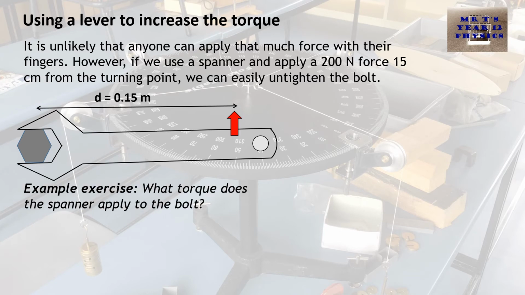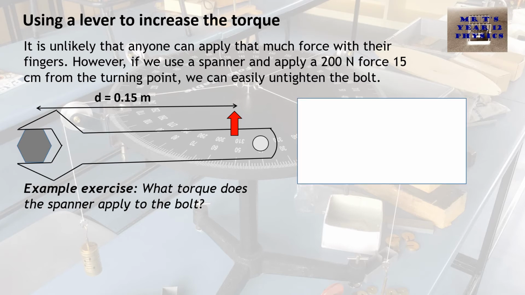So what torque does the spanner apply to the bolt? So imagine you're giving a force of 200 newtons. That means you're applying a force equivalent to about 20 kilograms of weight of mass. Well, sorry, the weight force 20 kilograms of mass would produce.